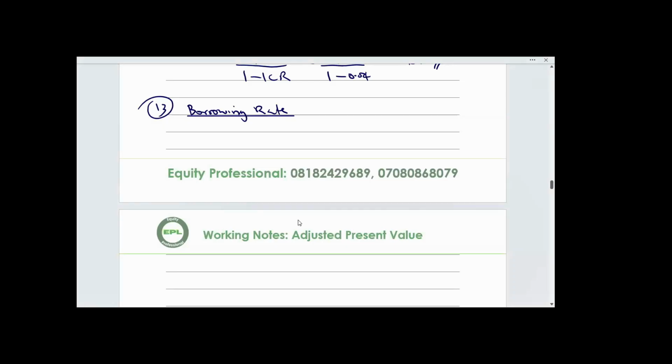When you are given a basis point, just divide it by 100. So it will give you the percentage. Therefore, the normal borrowing rate, we are told, is 300 basis points. 300 basis points is equal to 300 divided by 100, equal to 3%. Multiply by 100%.